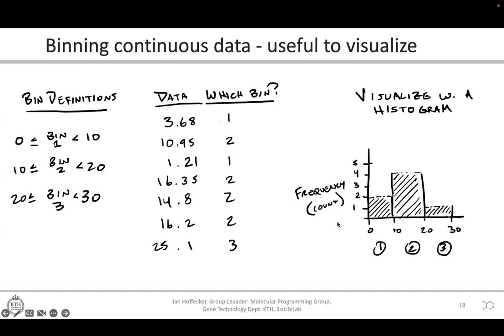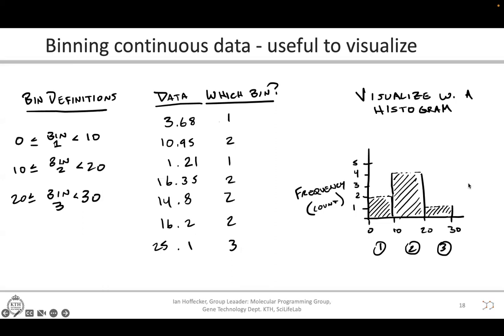And what we can do is assign a count or frequency to each of these bins. So for example, we have 2 instances in bin 1. We had 4 instances of data points falling into bin 2 and 1 instance where the data point fell into bin 3. And so those then become the heights of our histogram here.